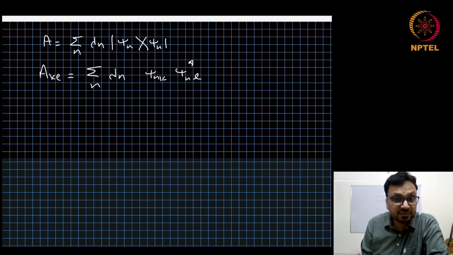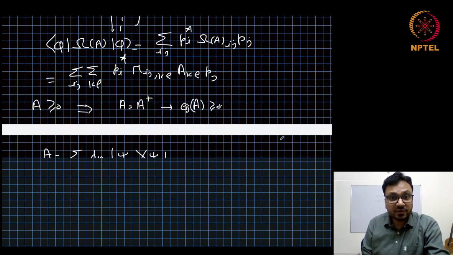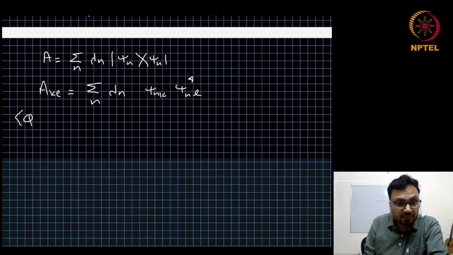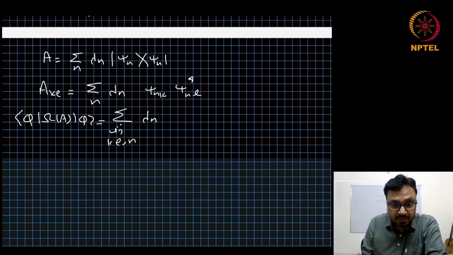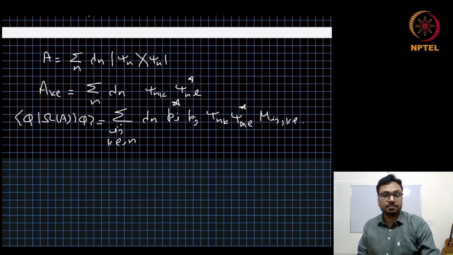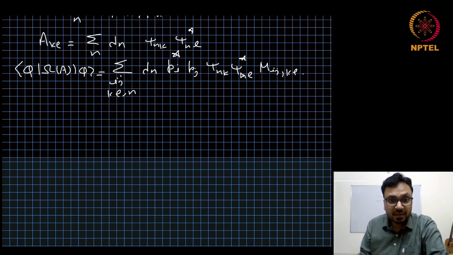That will be the kl element of this matrix. We can substitute it in this expression. We get phi omega A phi equals sum over ij, kl and n of lambda n pi star pj psi n k psi n l star M ij kl. We have all the elements here.